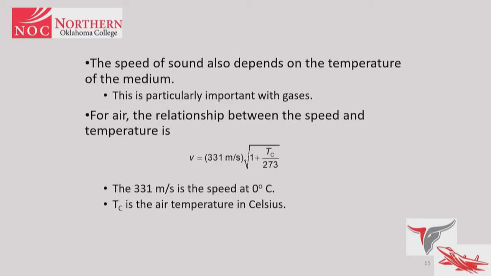That's not the common one that we normally use, because it's not usually 0 degrees, and 20 degrees is more your average. So 343 meters per second is the speed of sound that we typically use.